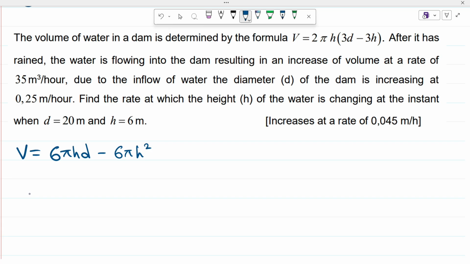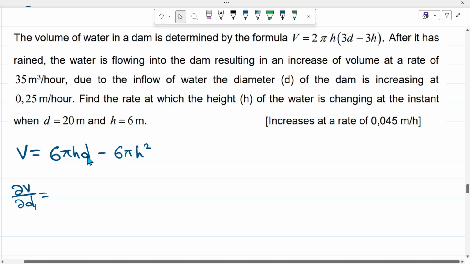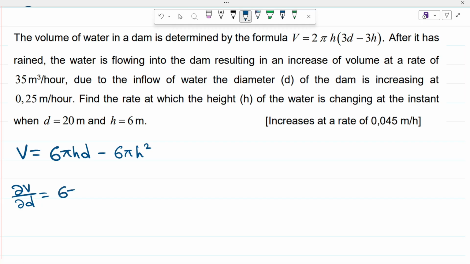Partial derivative of V with respect to what? We can start with d first. When we differentiate with respect to d, we are going to just get 6 pi h, and the other term will be 0. So this is just 6 pi h.